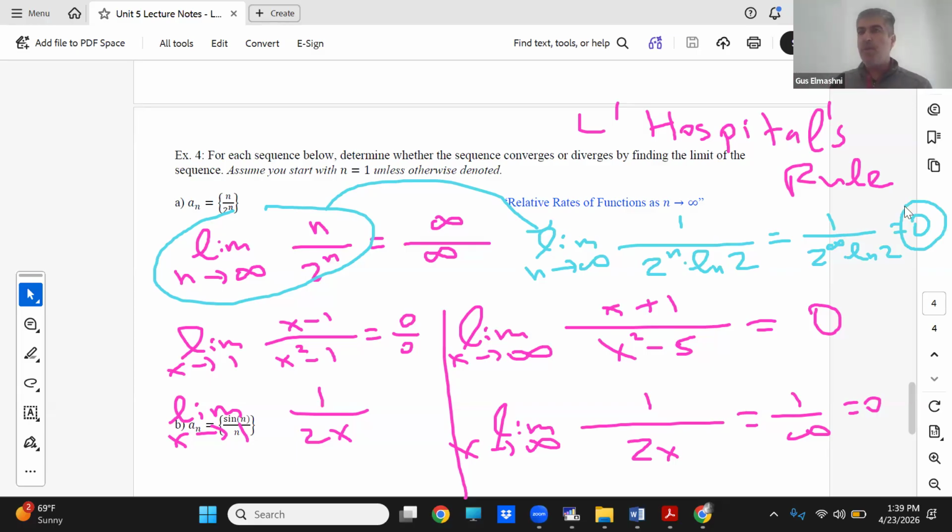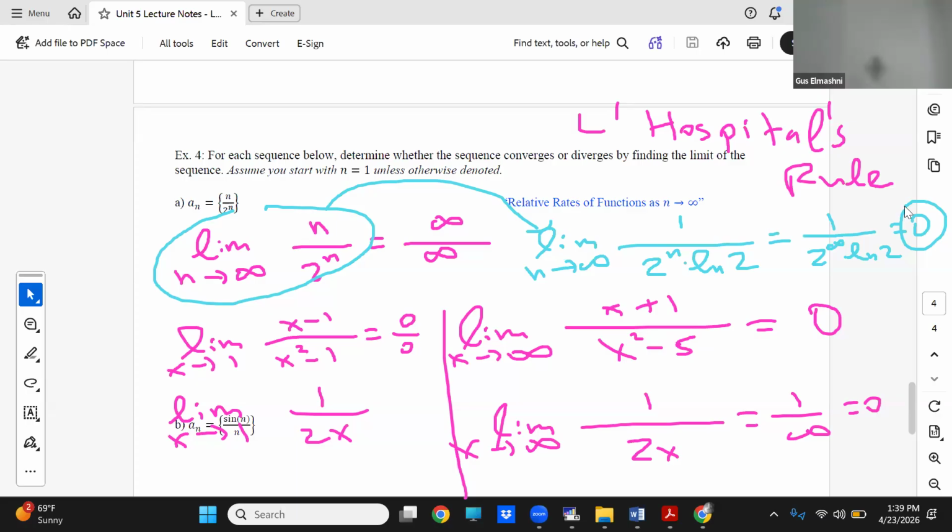So that's a rule called L'Hopital's rule. You're allowed to do this for limits. So even though both top and bottom are getting larger, here's the thing. Why did this converge? It dominates. Yes, it's called dominance.